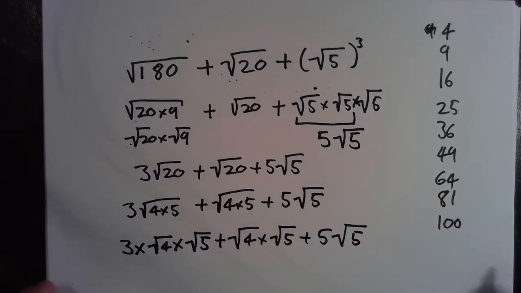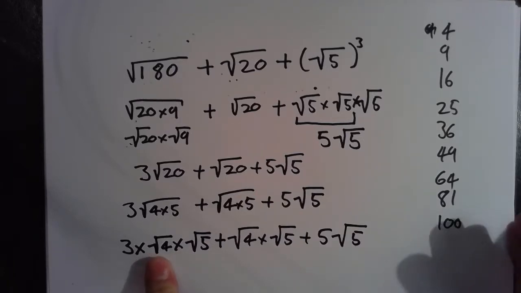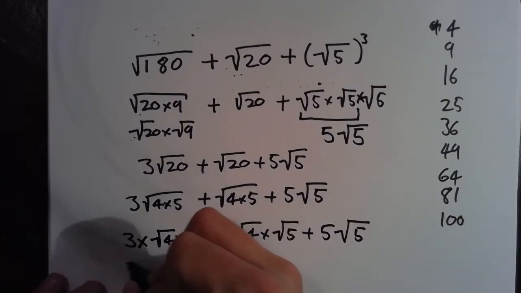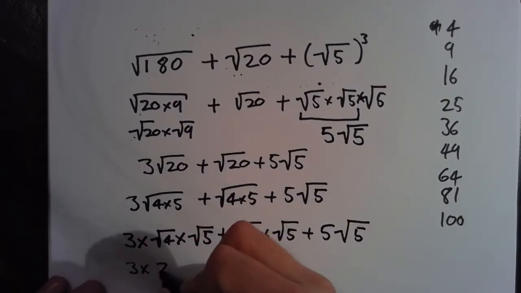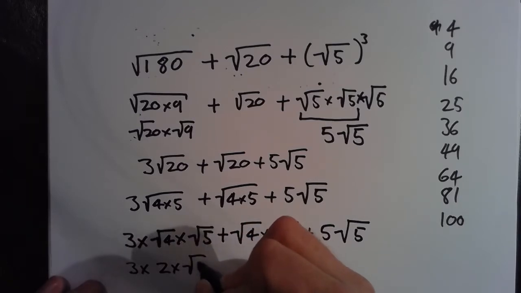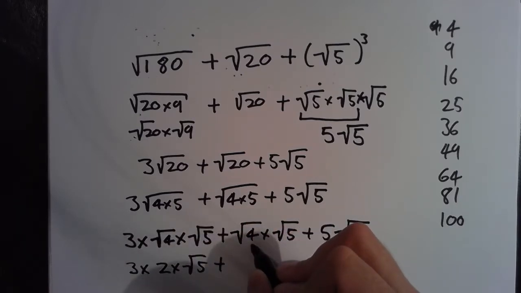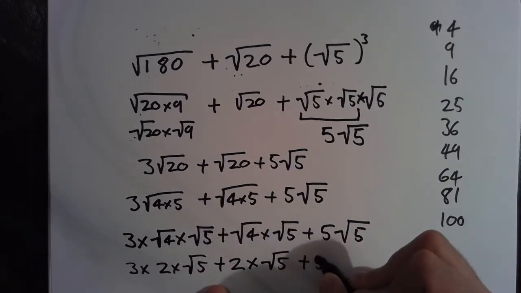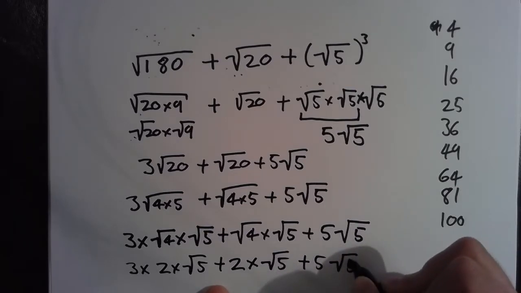Now I can tell I'm coming to a solution here because I've got lots of square roots of 5s, and my square roots of 4s, of course, because that's a squared number, become 2. So I get 3 times 2 times the square root of 5, plus 2 times the square root of 5, plus 5 square root 5.